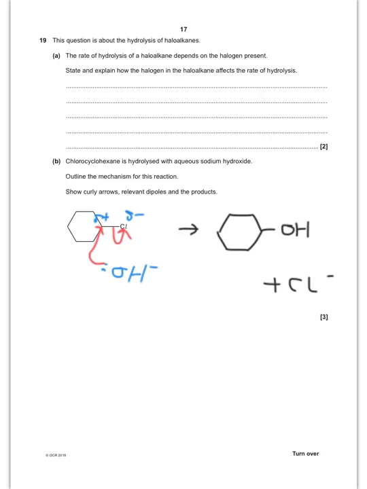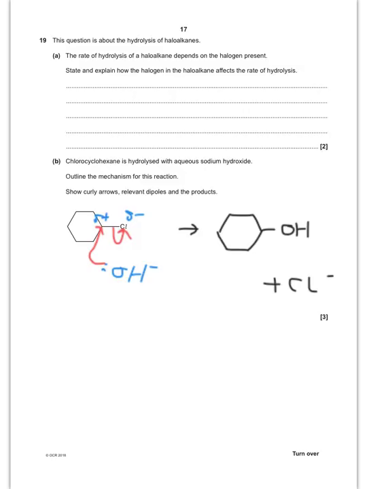So question 19, this goes back to AS chemistry, doesn't it? So we're looking at halogenoalkanes and the rate of hydrolysis. So how does the halogen in the haloalkane affect hydrolysis? Well, the smaller the halogen, the slower the hydrolysis, because the stronger the carbon-halogen bond.